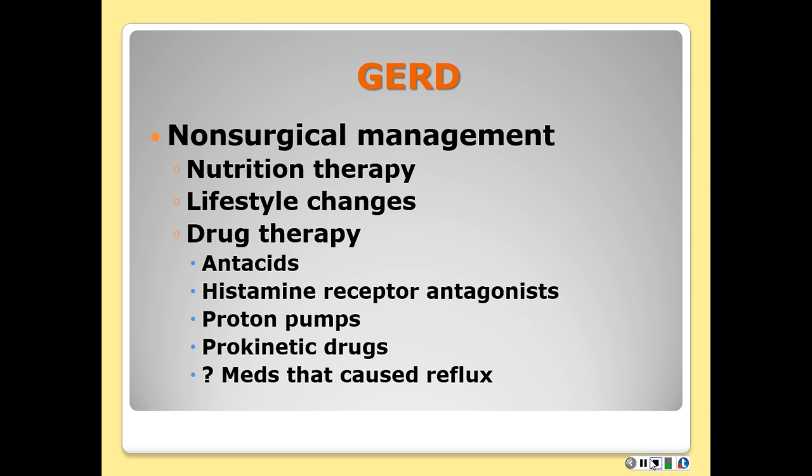Your proton pump inhibitors. This is your Prilosec, Protonix, Nexium. These have really become more of your main treatment at this point. They last longer and they inhibit the secretion of gastric acid.